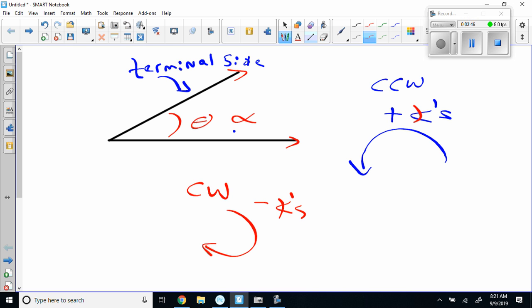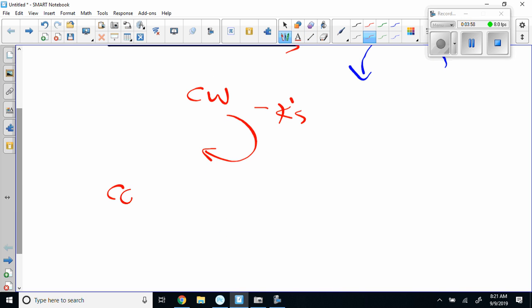Okay. We can also have what is called coterminal angles. Now, they're basically, let me raise this up. Coterminal angles, co means what? What's the root word for co? Two or more, right? So it can have multiple references.